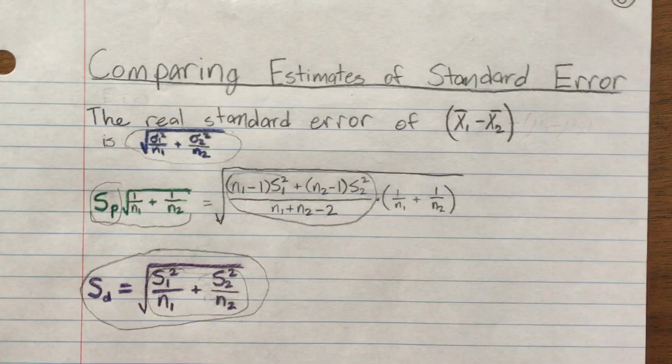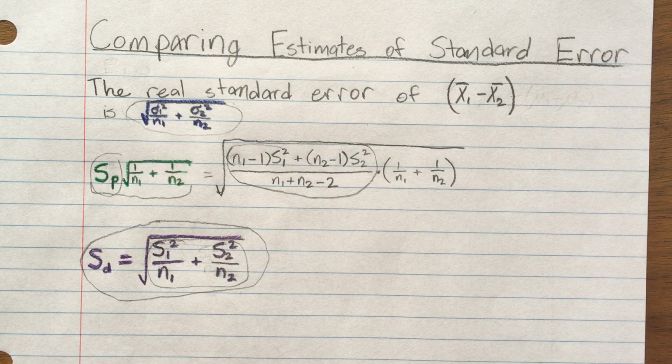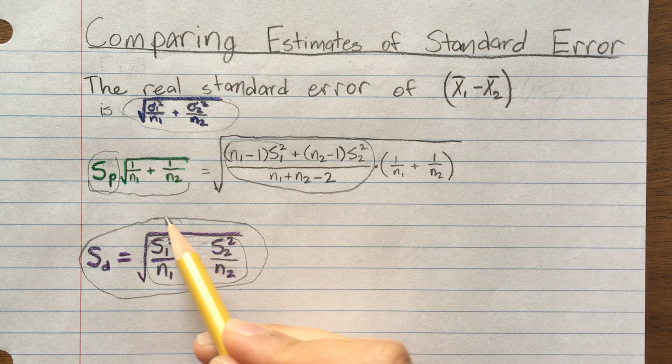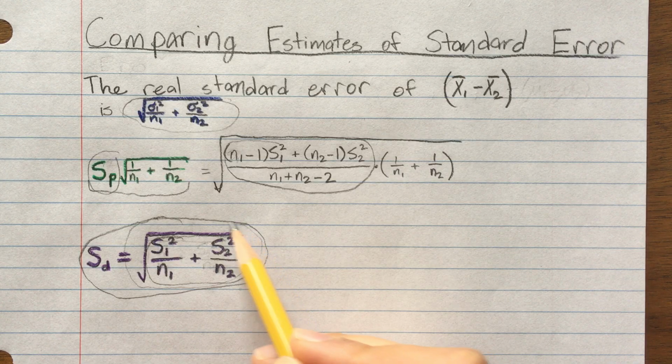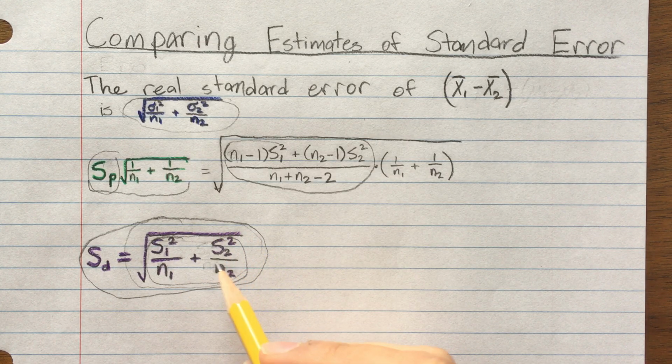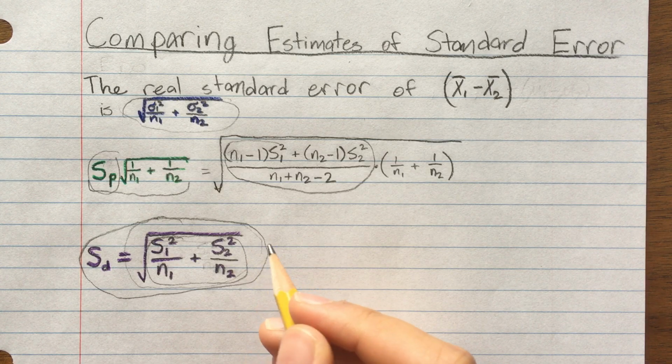All right, one more thing. I want to show you guys some R code that I wrote to show that the standard error is approximated very well by this quantity here, which is s1 squared over n1 plus s2 squared over n2, all in square root.